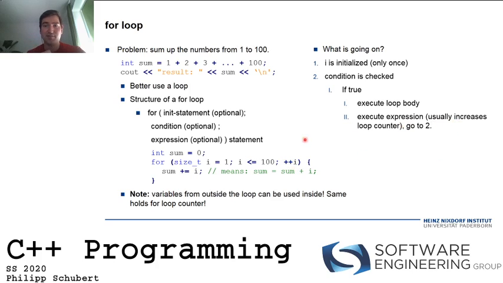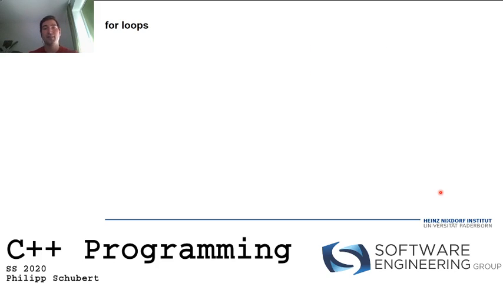Usually it increases the loop counter as in our example, and then we go back to step 2 and check again on the condition. And at some point the condition, hopefully, I mean it's in your hands, that the loop at some point also exits and the condition at some point evaluates to false. Then you skip the loop and continue execution on the code that follows the loop. So those are for loops.